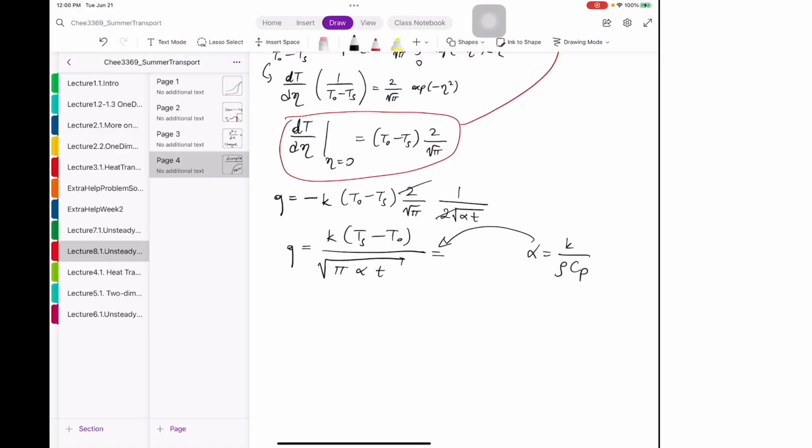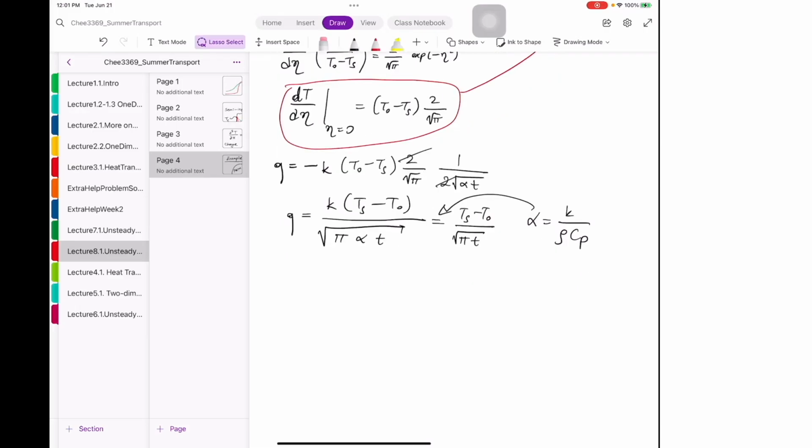From here, you get basically Ts minus T0 divided by square root of pi t, times square root of rho Cp k, for the material. So if rho Cp k is larger, then it means you have a larger flux. It means you feel colder.